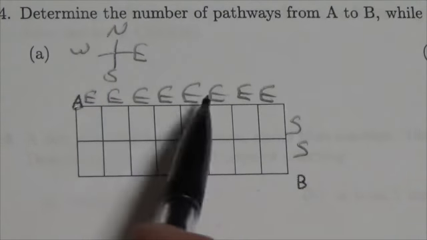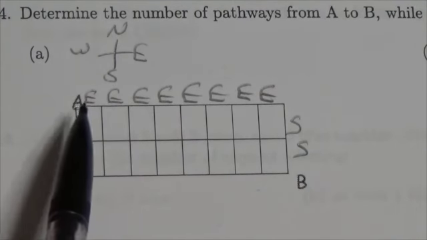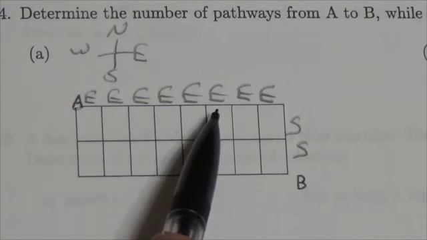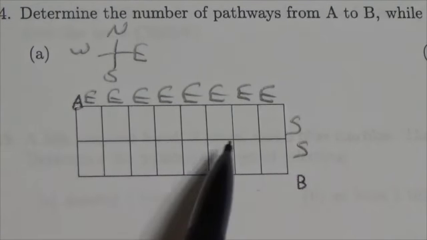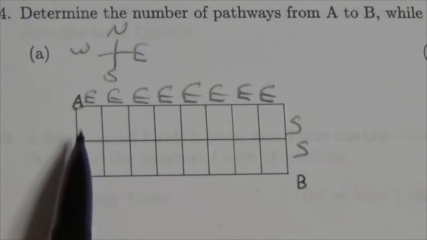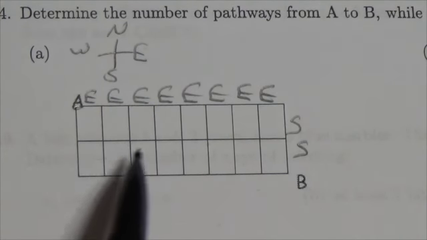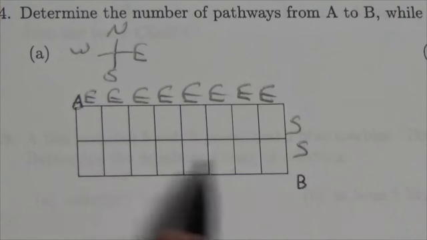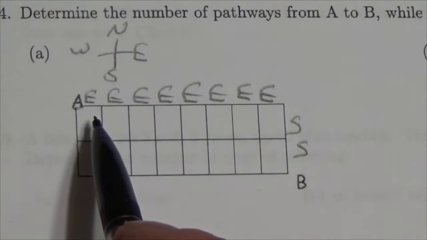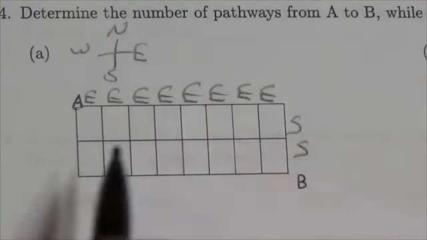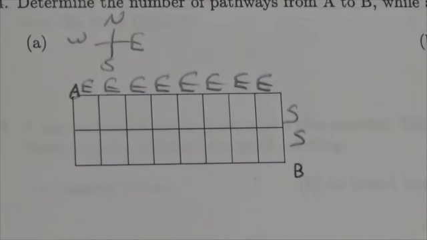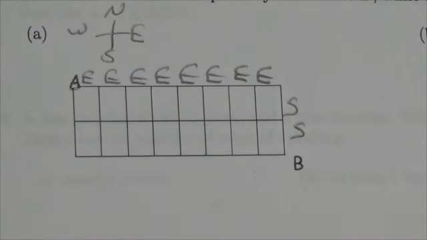Any path that we create is going to have 1, 2, 3, 4, 5, 6, 7, 8 line segments where we go east. Now you can put those wherever you want, first, second, third, it doesn't really matter, but you're going to have to go there 8 times. And then you're going to have to go down, or south, twice. So that's a total of 10 blocks that you have to cross.